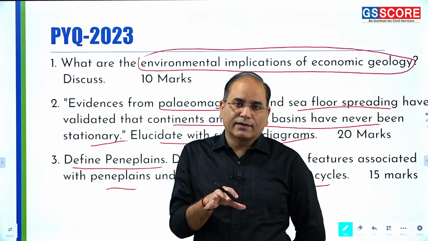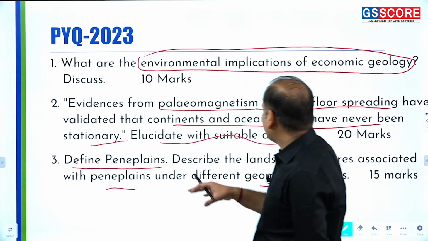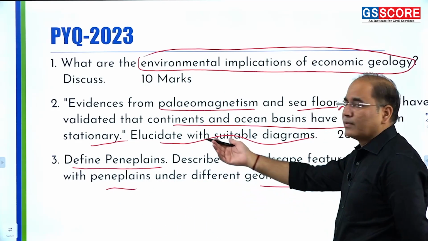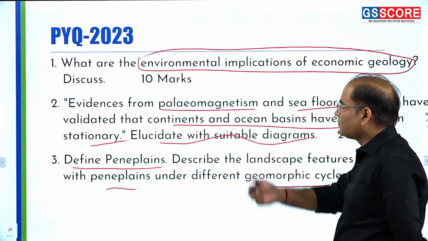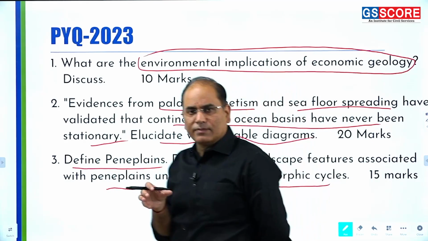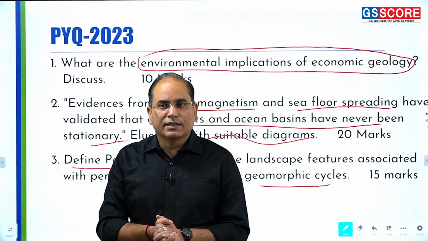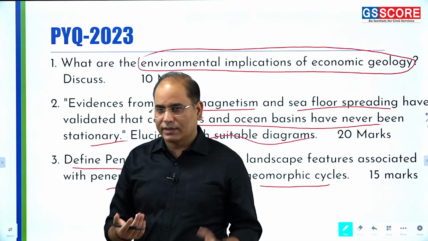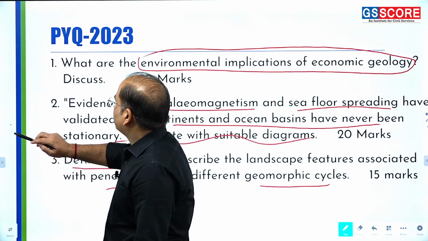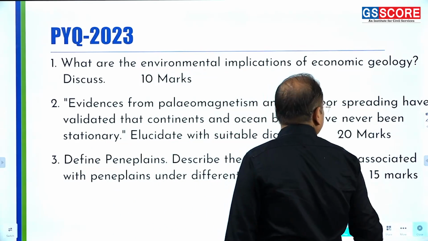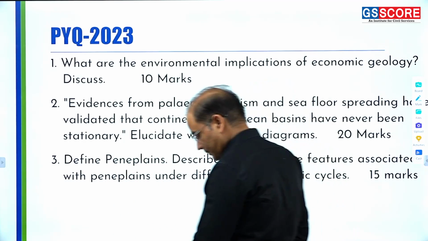So you have to attempt the question from the perspective of different cycles of erosion. Primarily it is a topic of erosional surface. So directly from the syllabus they are picking the questions. None of the questions you can say are out of syllabus. So that is all about the geomorphology.